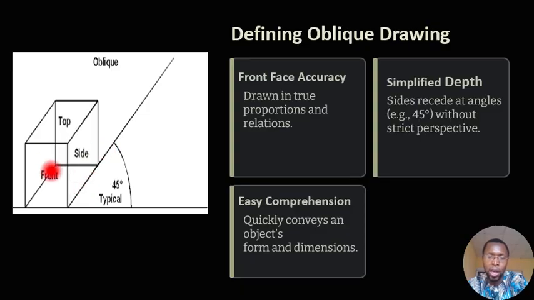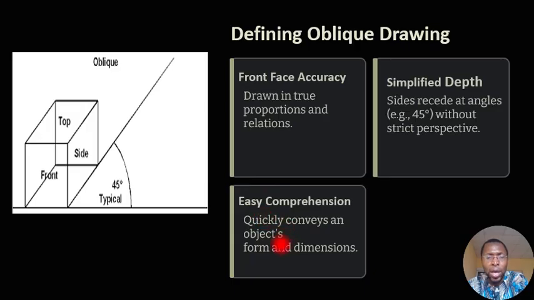As you can see this box here, the front of this box is actually the true proportion of the box, but the side of the box has been receded to an angle of what, 45 degrees. You see now. So with this type of drawing technique, it makes it easy to convey the information of the object.